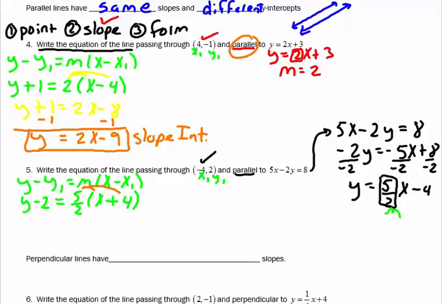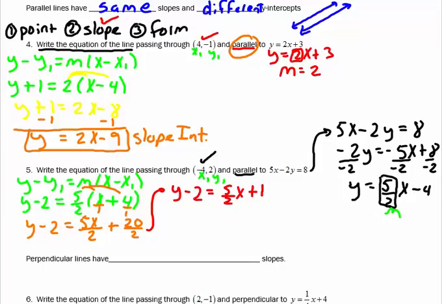So I'll multiply in the 5 halves. Again, we love multiplying fractions because we can just multiply straight across. So y minus 2 equals 5 times x is 5x, and 2 times 1 is 2. Plus 5 times 4 is 20, and 1 times 2 is 2. So hopefully you'll see that the 20 over 2 can be reduced. So y minus 2 equals 5 halves x plus 10.